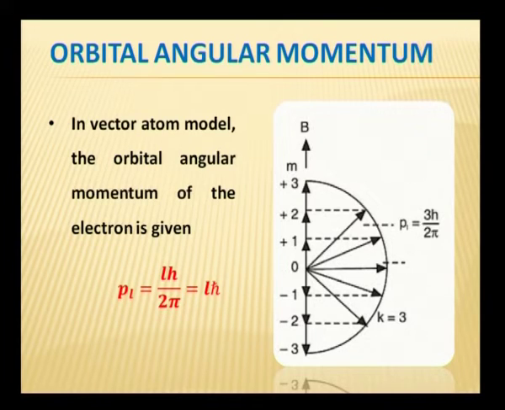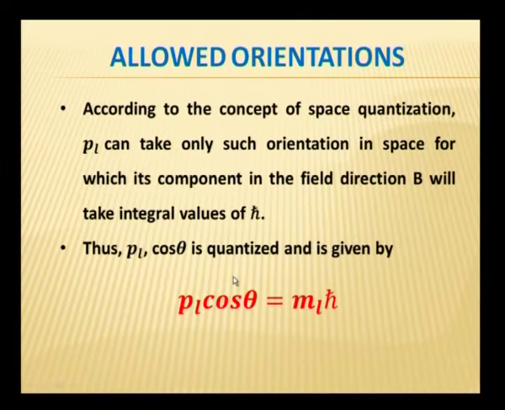If L is 3, ML will take 2L plus 1 values, starting from plus 3 to minus 3. So, with regard to the orbital angular momentum, PL will be equal to L h cross, right. According to the concept of space quantization, PL can take only such orientations in space for which its component in the field direction B will take integral values of h bar.